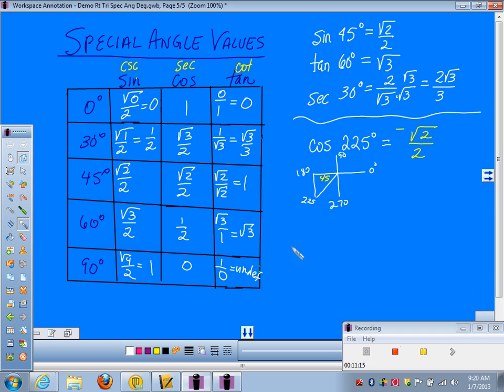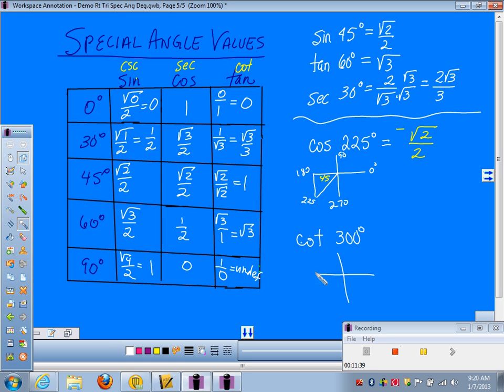Let's do something pizzazzy. I want to do the cosecant of, that would be boring, never mind, I don't want to do cosecant, I want to do cotangent of 300 degrees. Where is 300 degrees?